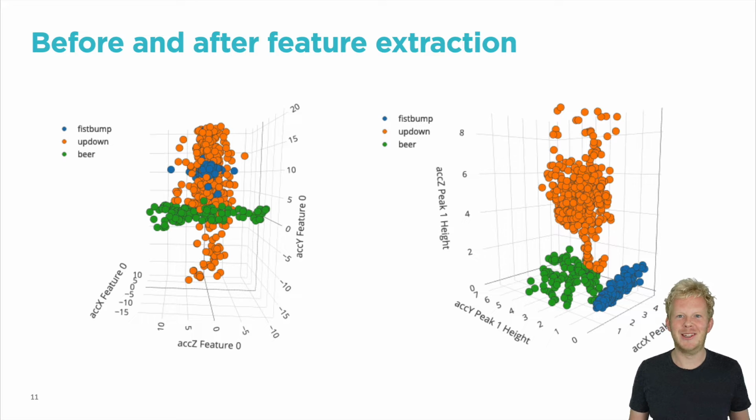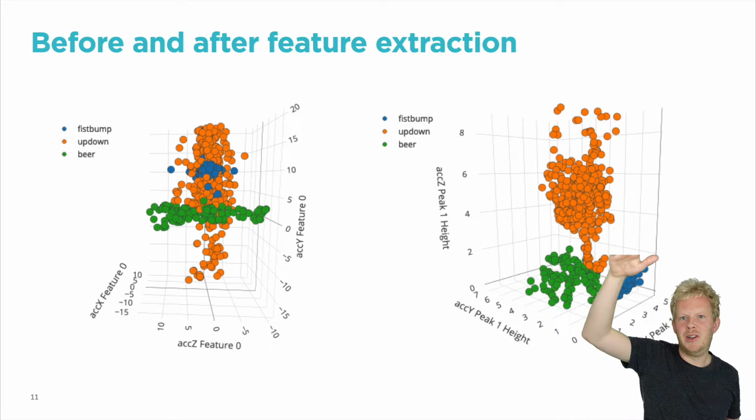Just an example, this is a data set of me doing three things: fist bumping, moving up and down, and drinking a beer, collected on the accelerometer. Now on the left, you just see raw data. And you can actually see these motions already, right? So drinking beer, there's a lot more motion on this axis. Up and down, there's a lot more motion here on this axis.